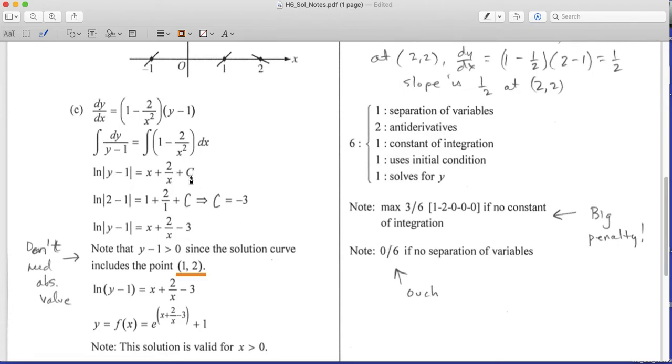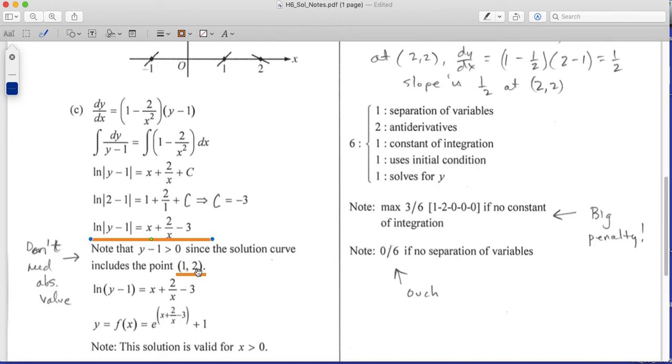I replace that c with -3, and then I kind of start over now with my variables x and y. That's right here. So now it's time to start thinking about how do I solve that for y? Well, the big thing, this is a little complicated, they added a little complicating factor with that absolute value.